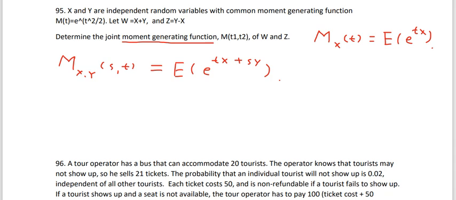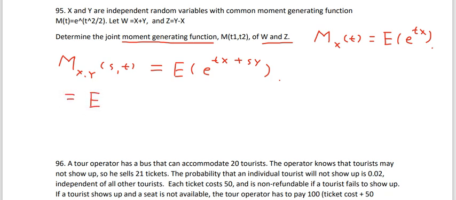If x and y are independent, then we can separate as the product of the expectation of e to the tx and e to the sy, right? Now we want to find the moment generating function for these two variables.